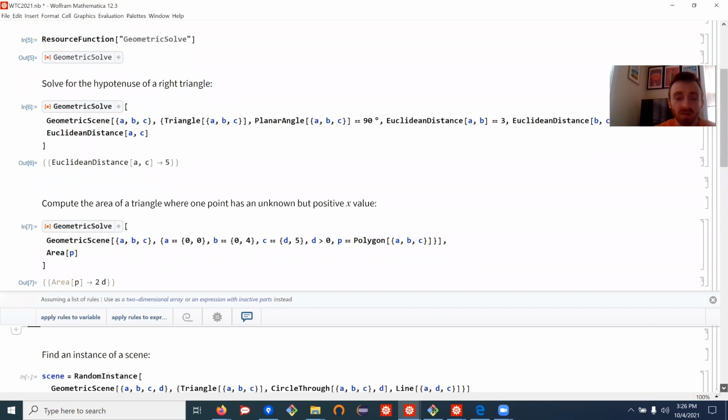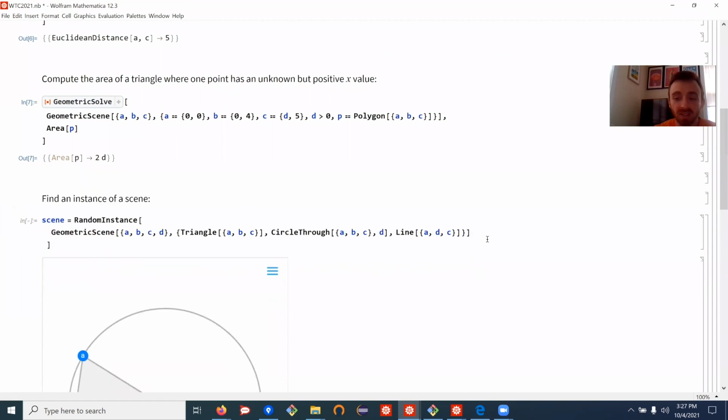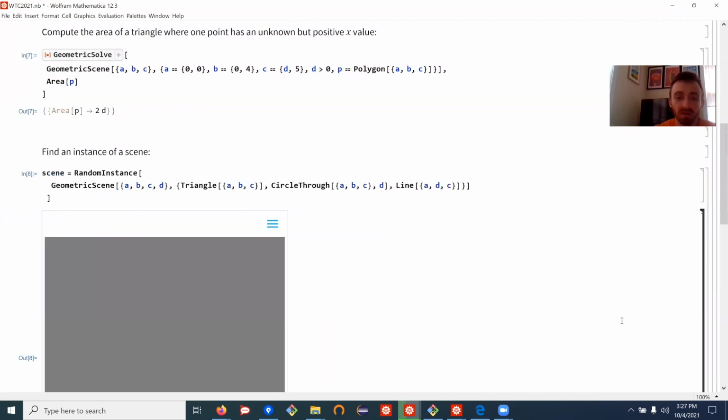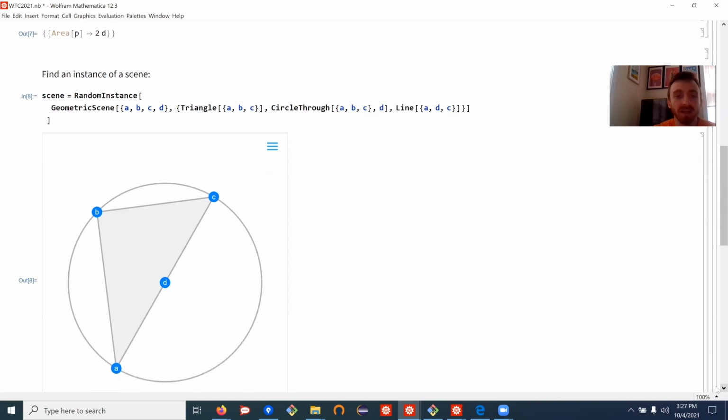If we've got an actual geometric scene, here we'll create one, our good old Thales' theorem. We've got a triangle ABC, the circle going through the vertices of the triangle, and we specify that one side of the triangle has to go through the center D of the circle.